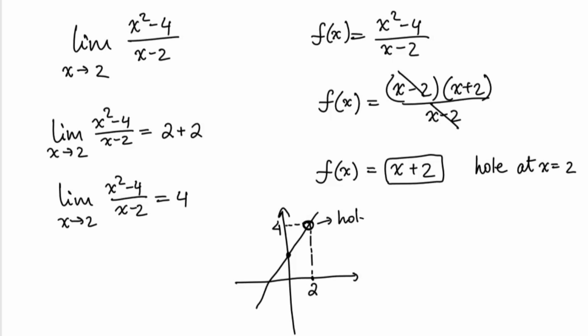It's a hole, a non-filled in or blank circle. So the function is undefined at this point, but the limit exists. When x is 2, or when the function approaches the x value of 2, the corresponding y value or output it approaches is 4.